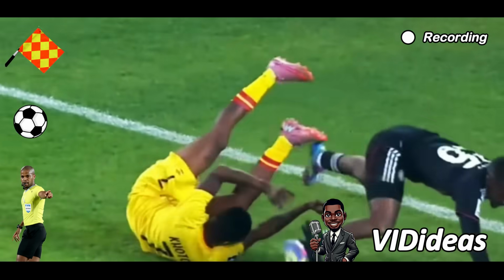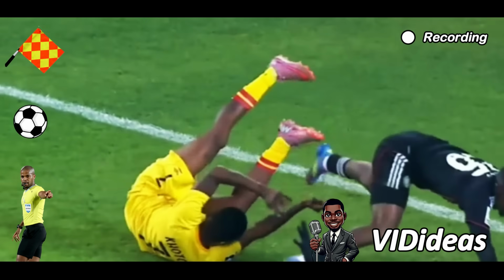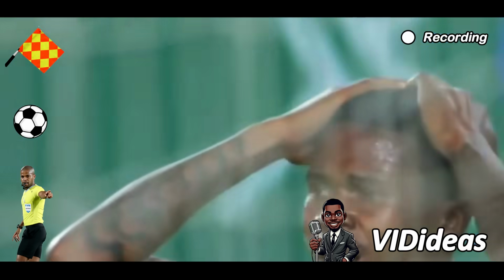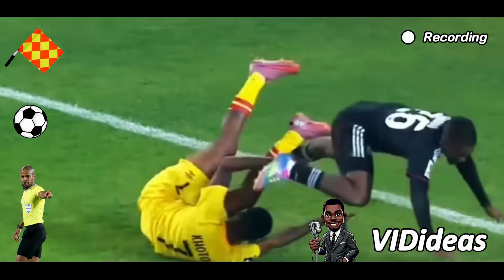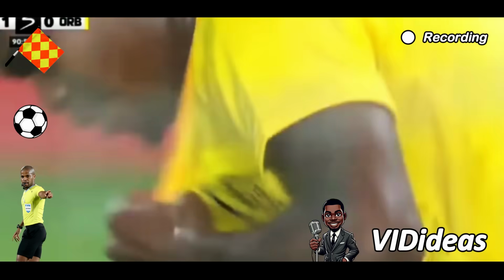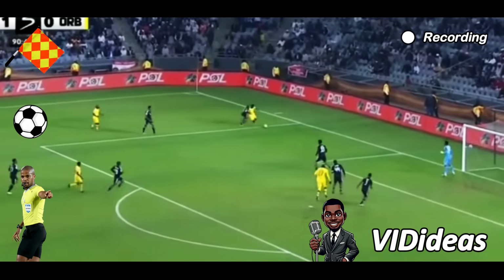So this should have been a penalty awarded to Orbit College for a foul inside the 18-yard area. In this case, Orlando Pirates benefited.